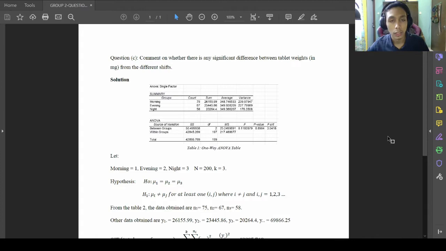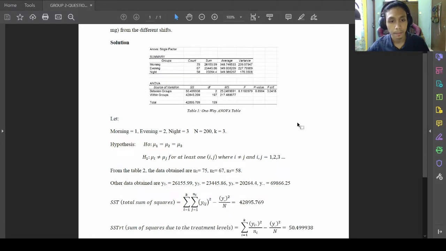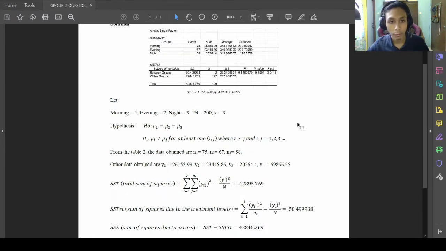For question C, comment on whether there is any significant difference between tablet weight from the different shifts, which are morning, evening, and night. So this is the one-way analysis of variance table. For the null hypothesis H0, mu1, mu2, and mu3 are equal. For the alternative hypothesis H1, mu_i is not equal to mu_j for at least one ij where i is not equal to j and ij equals 1, 2, or 3.